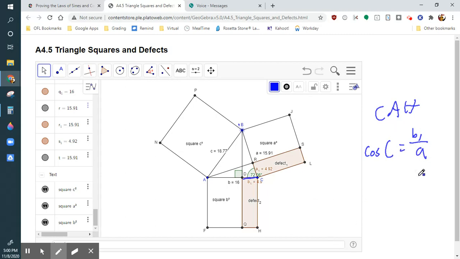So what I'm going to do here is multiply both sides by A, and that's going to give us B1 equals cosine of C times A. I'll put the times A there so we know that the C is the argument.